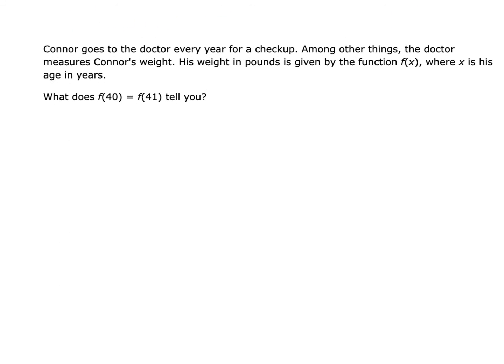Okay, let's look at the last one. Okay, it says Connor goes to the doctor every year for a checkup. Among other things, the doctor measures Connor's weight. His weight in pounds is given by the function f of x, where x is his age in years. What does f of 40 equals f of 41 tell you? So again, let's use what this says, all right? Where x is his age in years. All right, so x represents age in years.